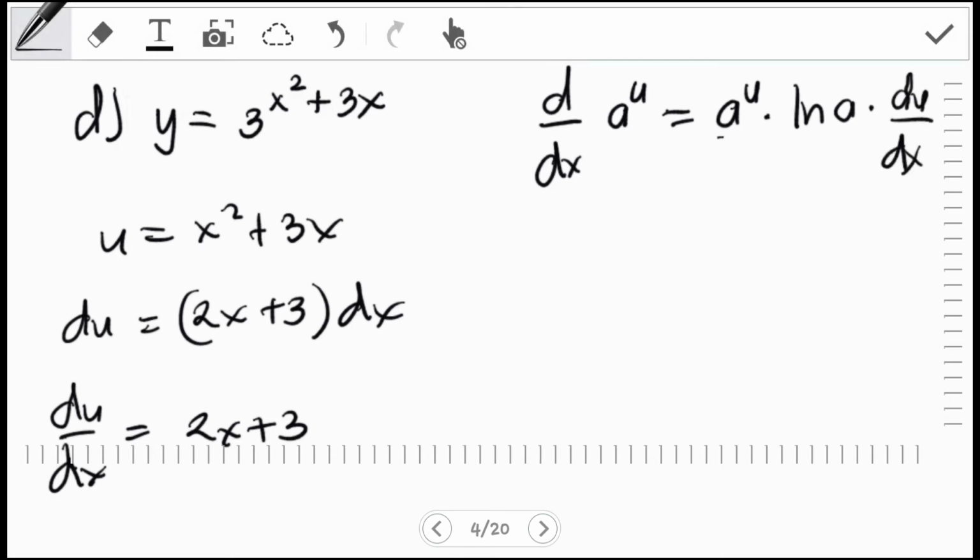Okay, so that is the rule for the exponential function, one of the formulas used in this problem. Okay, so where a is 3. So a is 3, u is x squared plus 3x, then times ln 3 times 2x plus 3.